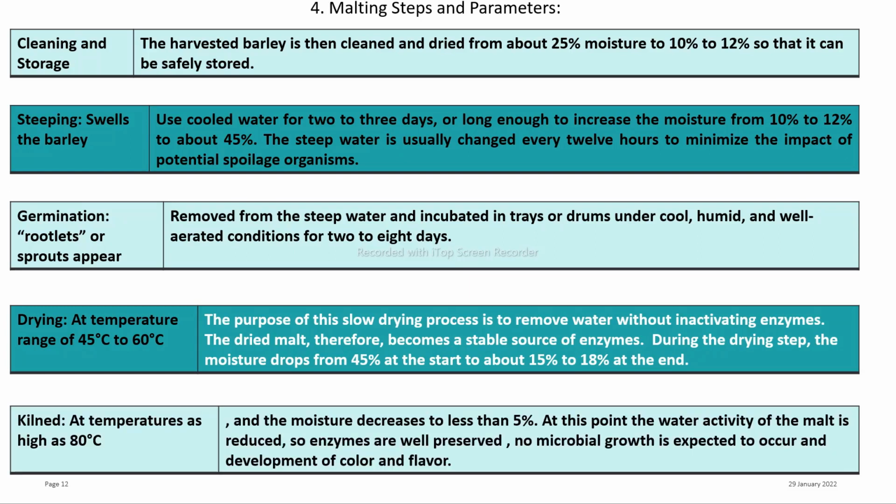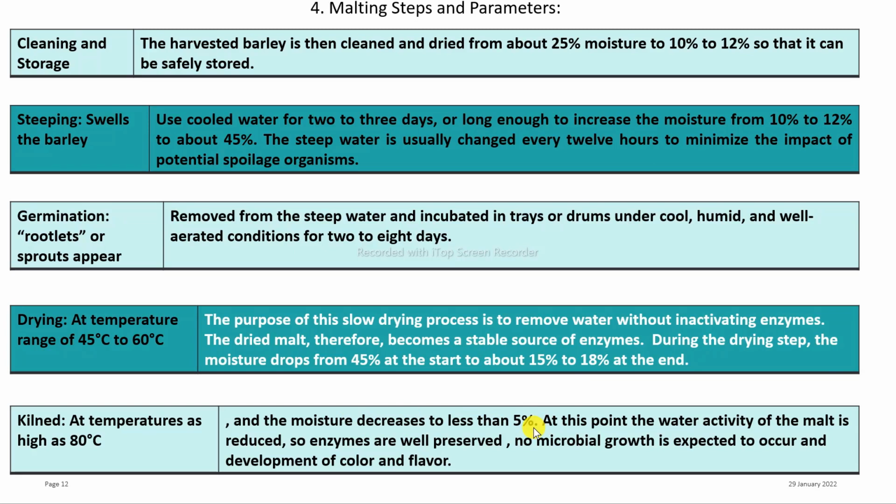After the drying process, next is the kilning process. For the brewing process, the barley malt must have its moisture content properly reduced, and develop the specific bitterness, taste, and more color. For that, barley grains are further dried or roasted using hot air at 80 degrees Celsius, in which the moisture content is further reduced to less than 5%.